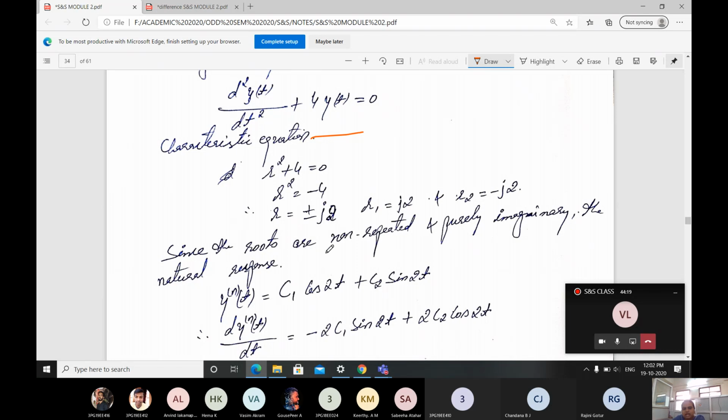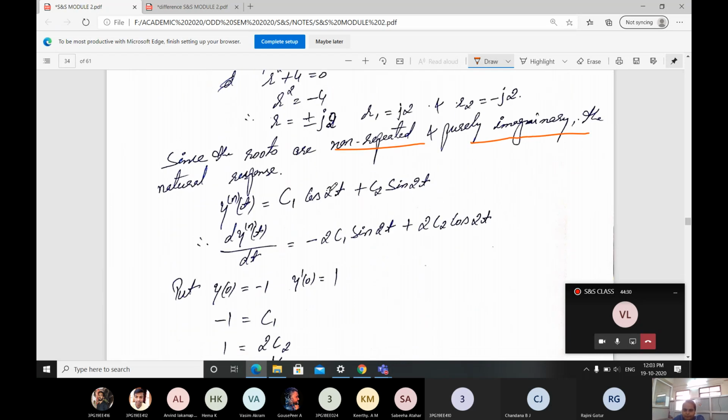Since the roots are non-repeated and purely imaginary, the natural response is going to be yn of t equal to c1 cos 2t plus c2 sin 2t. Observe here, plus or minus j2 is there.